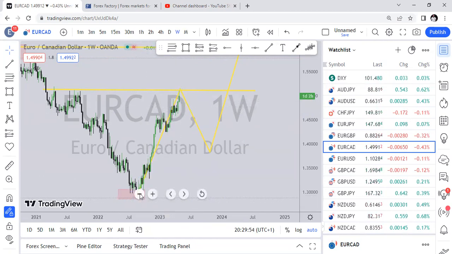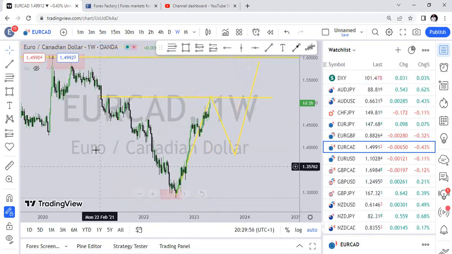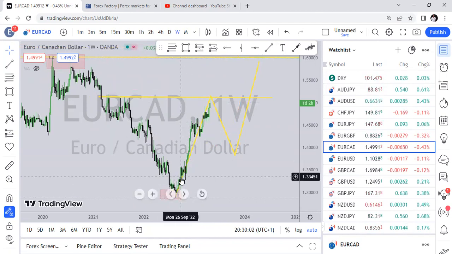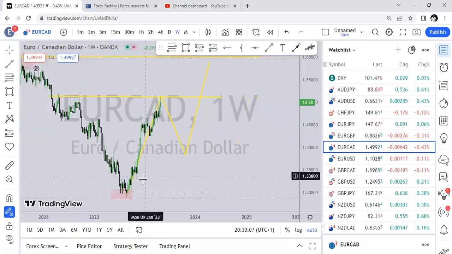So the fact that we have an impulse on the weekly, we're seeing it as a pullback, but then we also need a pullback from the weekly.